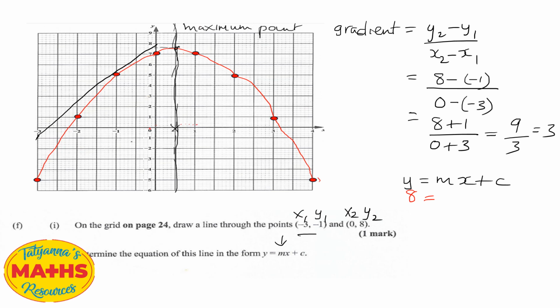And my m, we just worked that out, is 3. And x is 0, plus c. So I'm going to get 8 equals c, because that's going to be 0. Therefore, the equation of this line would be y equals 3x plus 8.